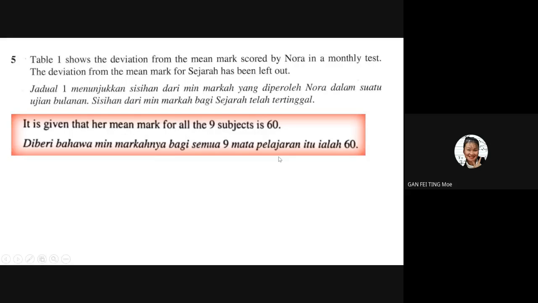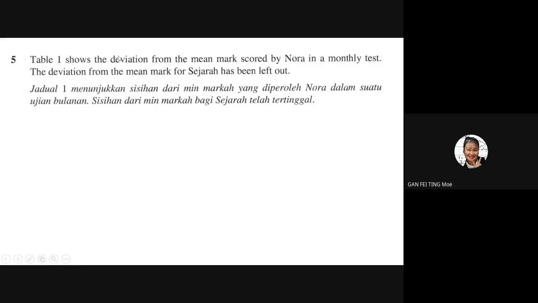Okay, now table 1 shows the deviation. Table 1 shows the deviation from the mean mark scored by Nora in the monthly test. The deviation from the mean mark for Sejarah has been left out. This table shows the deviation from the mean mark obtained by Nora in a monthly test. Highlight the words deviation from the mean. Okay, it has been left out.